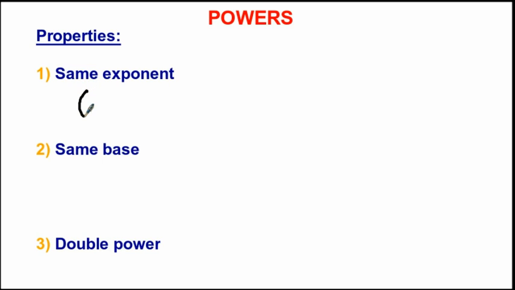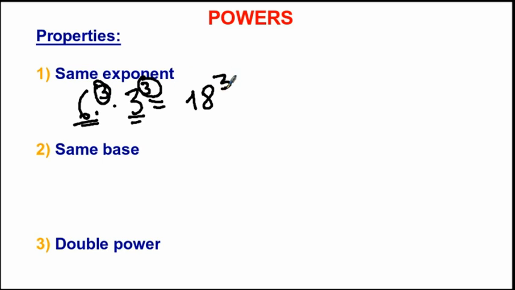For example, 6 to the power 3 multiplied by 3 to the power 3 is equal to... when the exponent is the same, like in this case, you have to multiply the bases. 6 multiplied by 3 is 18, and you have to keep the same exponent, 18 to the power 3.